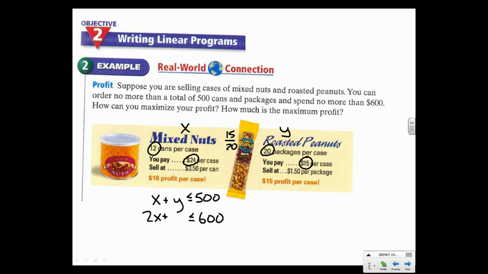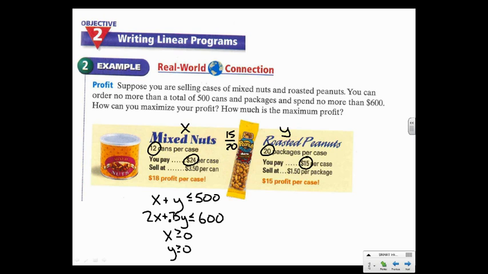Is that right? 20 packages in a case, $15 a case. Yeah, so plus 75 cents for a package of peanuts. Right? And so those are our restrictions here. All right? We also know that x has got to be greater than or equal to 0, because it doesn't make sense to sell negative amounts of mixed nuts. And y has got to be greater than or equal to 0.